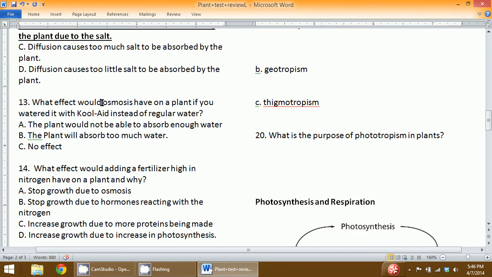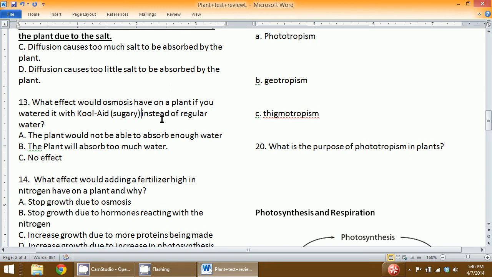What effect would osmosis have on a plant if you watered it with Kool-Aid, which is sugary, instead of regular water? Well, sugary liquids are going to attract water to those sugar molecules. And so the plant would have a hard time pulling that water into its cell as it needs to do.